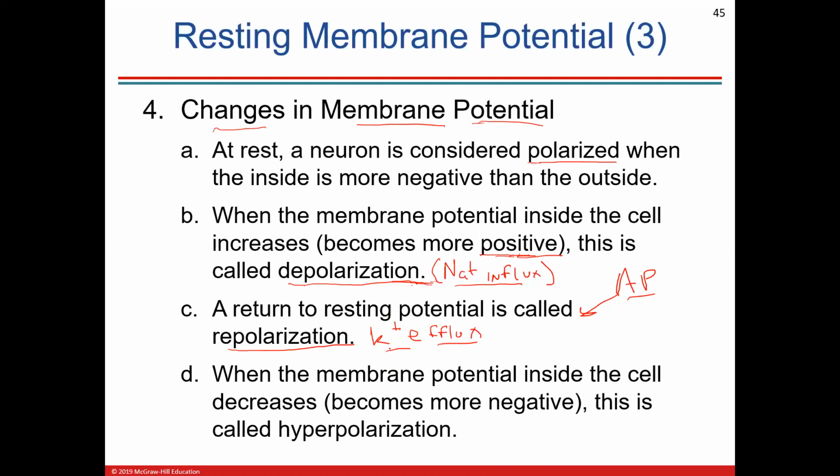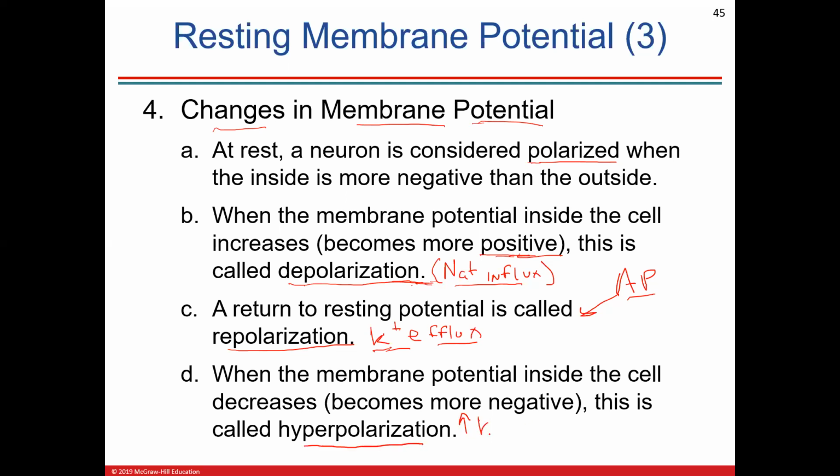So sometimes you can get excess potassium out of the cell, which would make the inside of the cell more negative than the resting membrane potential. Or if you have chloride, which comes into the cell, so this is, let's say, hyperpolarization, right? This is where I'm going to.